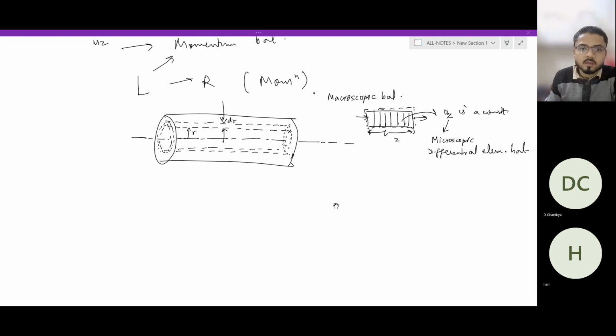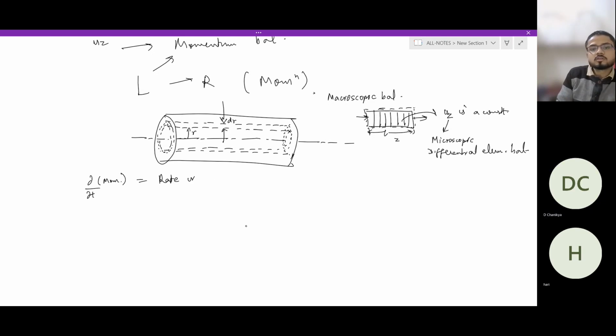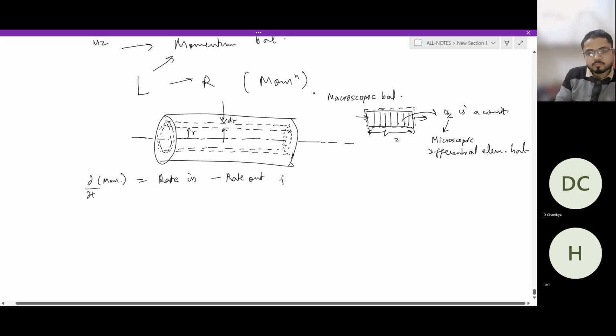Do you know that fundamental equation? Del by del t of momentum would be equal to rate in minus rate out plus sum of forces, right?